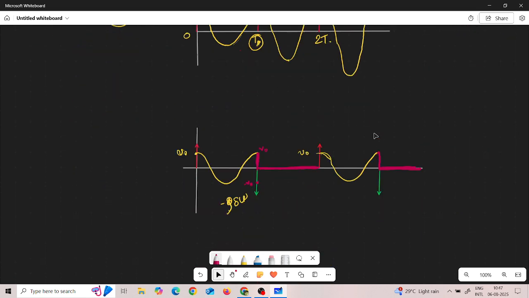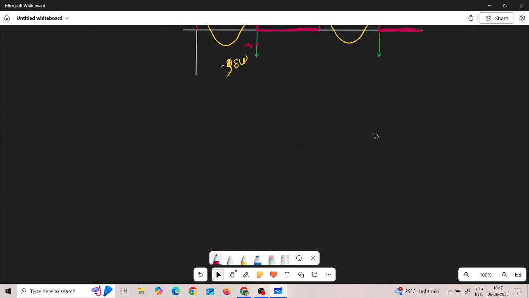Now can you tell me what will happen if I change the circuit in this way? This is our inductor, this is our capacitor, initially charged to V naught, and here a diode is connected.